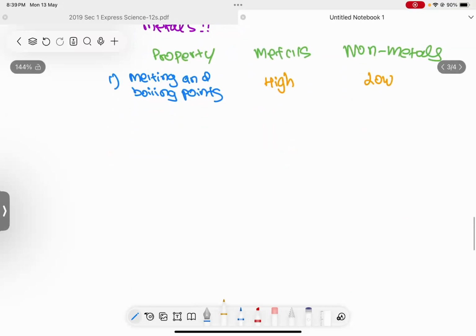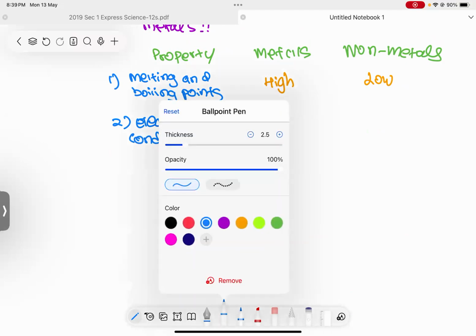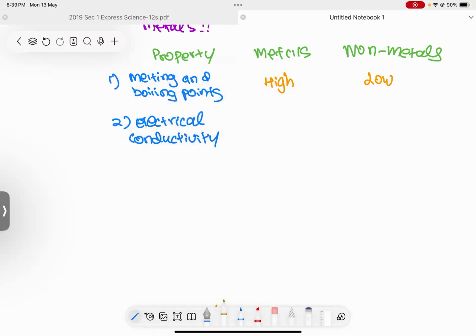Okay. Secondly, we have electrical conductivity. Metals can conduct electricity. Non-metals usually do not conduct electricity. Okay.